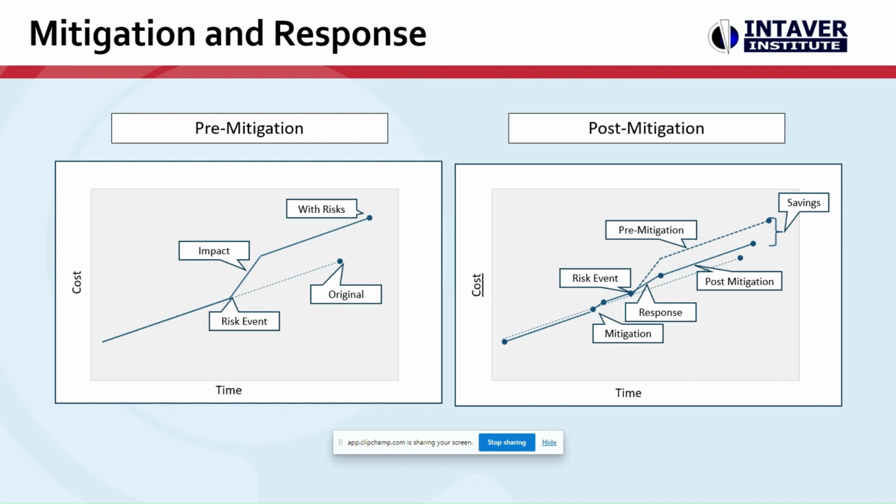So we've minimized it. The period when we're recovering and getting back on schedule is where the response takes place, the activities you're doing to recover, and then you get into the post-mitigated state. At the end, you can see there are some savings or benefit from doing both the mitigation and the response plan.